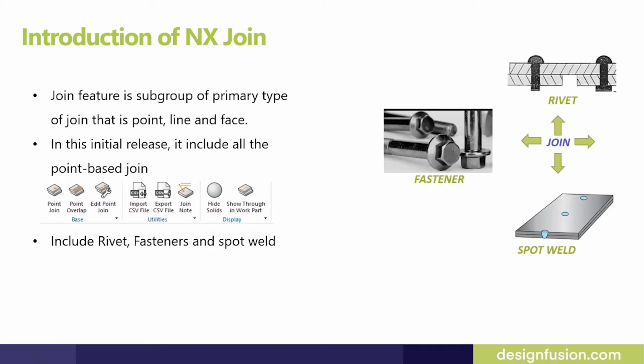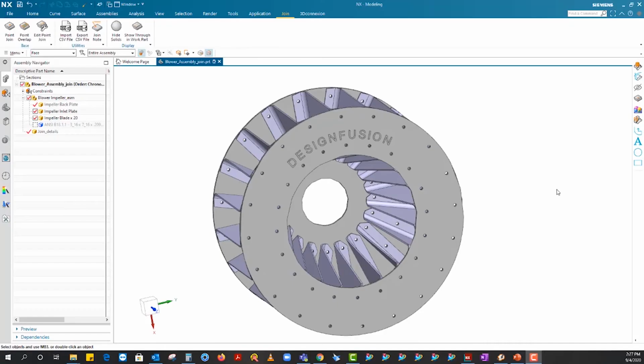Now we can see some information about the NX joint application. Basically a joint feature is a subgroup of the primary types of joints, that is points, lines and faces. The initial release of NX joint in 1926 just includes point-based joint features, and it includes rivet, fasteners and welding types.